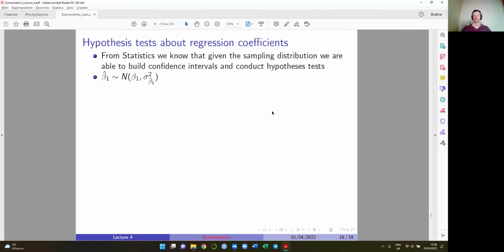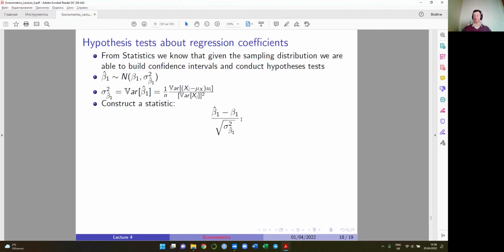So we know what the sampling distribution of beta 1 hat is. Once again, yet we don't know this variance, and this variance must be estimated using the appropriate methods.